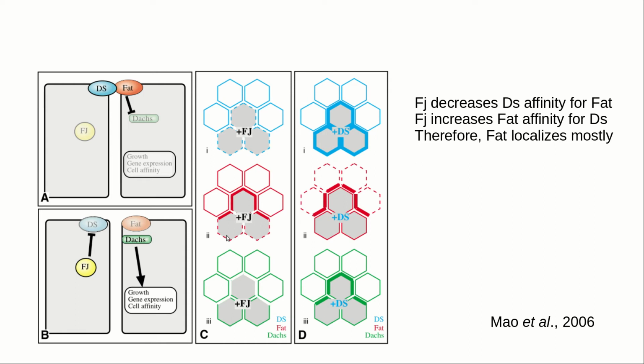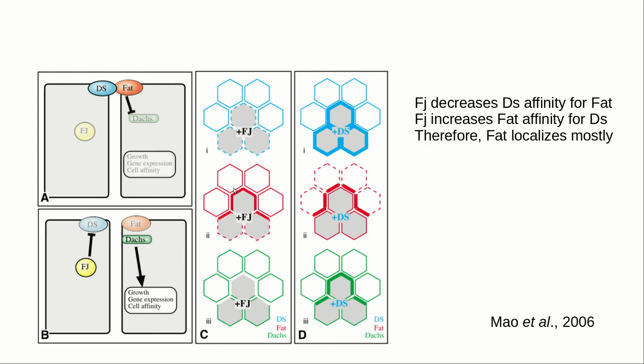So when you have a clone that is overexpressing Four-jointed, in this clone Dachsous does not have affinity for Fat. However, inside the clone, Fat has affinity for Dachsous. So Fat goes to the border of the clone, where it can bind to Dachsous in the cells outside of the clone, which have affinity for Fat.